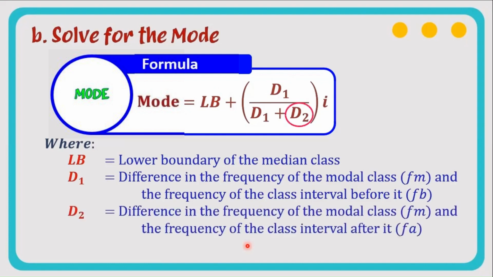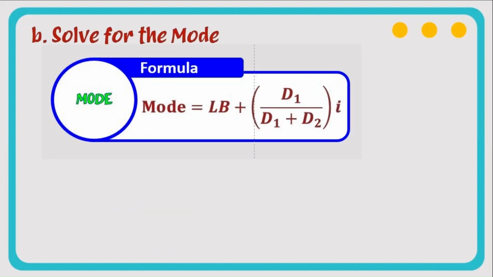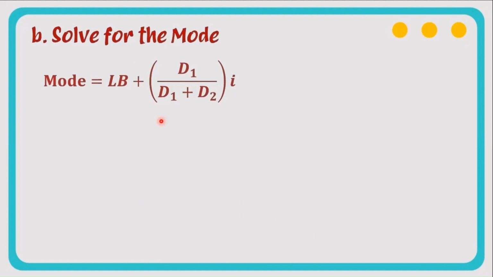Next, D sub 2 is the difference in the frequency of the modal class and the frequency of the class interval after it. Take note of the before and after. And then the size of the class interval. After that, we can solve for the mode of this group of data.